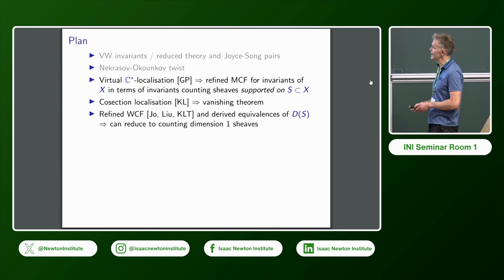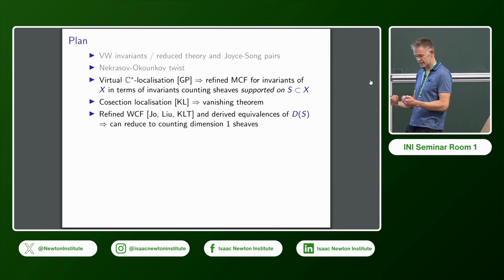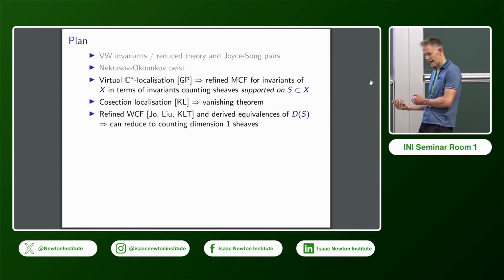So we can really get down to just dimension 1 sheaves on the K3 surface. So we're just changing the Mukai vector to another Mukai vector of the same square and divisibility.